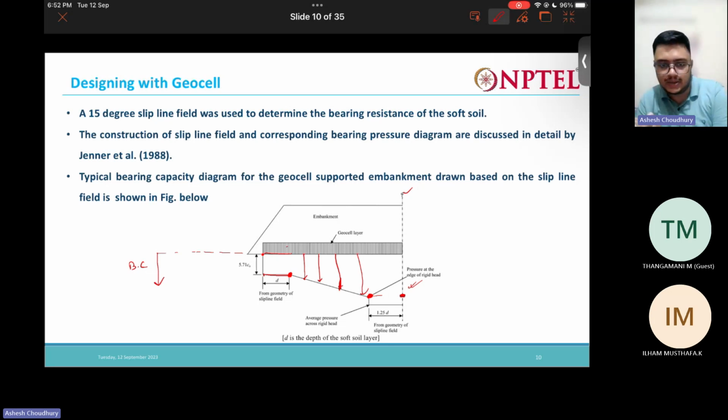We will see that in the next slide. An expression was given to calculate the average pressure across this rigid head. So if you know the pressure at this point using the slip line method, you can get this average pressure using the expression given by Jenner.